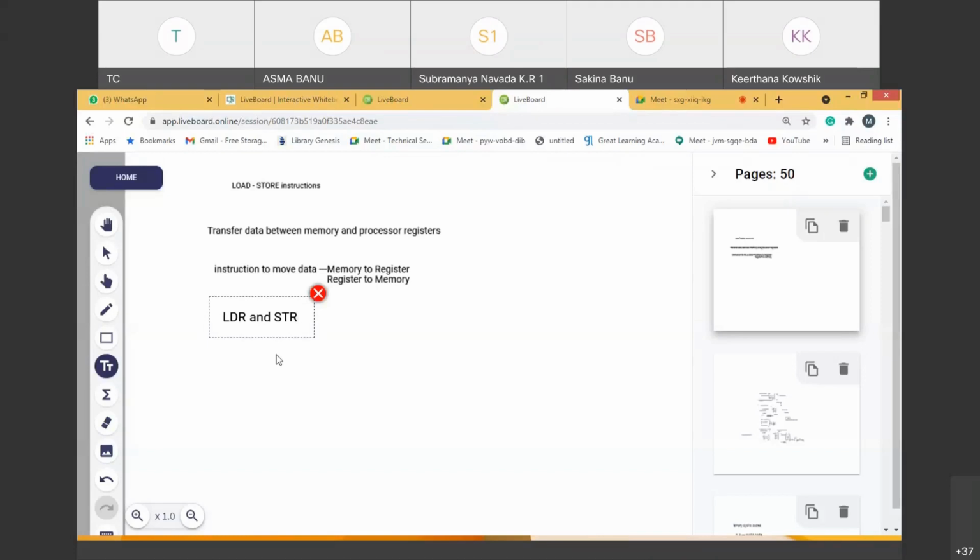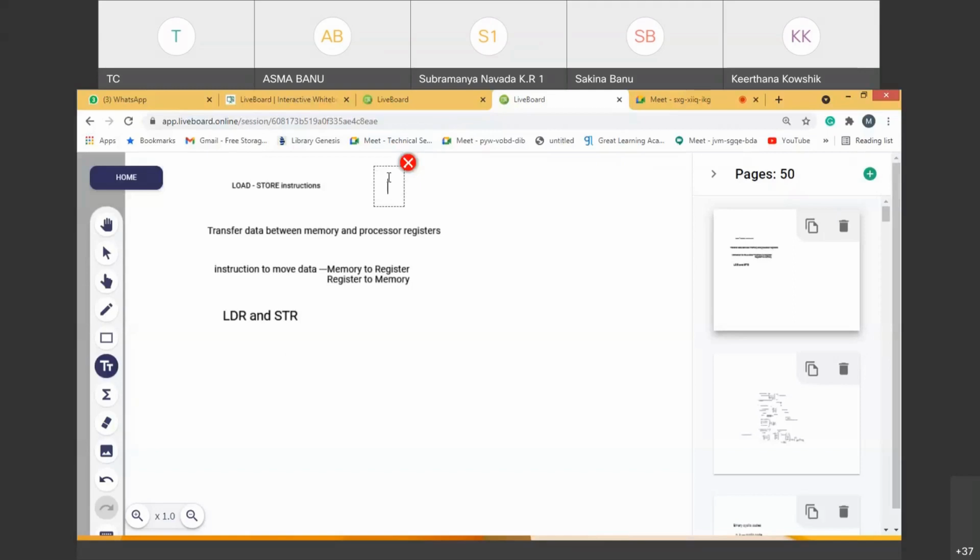Now let us understand what I said. Load store instructions are used for transferring data between memory and register, register to memory or memory to register. Memory may be 8-bit, 16-bit or 32-bit. Here in the ARM processor, 32-bit memory is there. Even in that, 8-bit, 16-bit and 32-bit data can be stored, but that is a different issue.